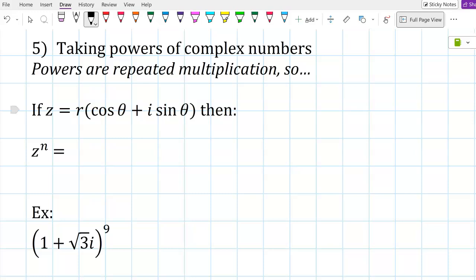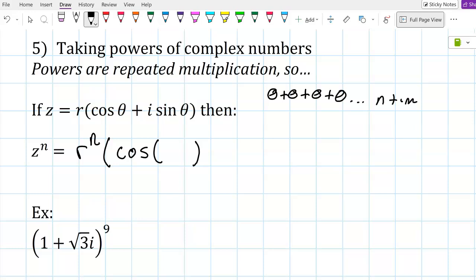If z is r times cosine theta plus i sine theta, then z to some nth power is going to cause you to take the nth power of that radius, so r to the n, times the cosine of, and let's figure out what happens to the angle. When we do complex multiplication, we add the angles. So if we were to do theta plus theta plus theta plus theta, n times, all we would have is n theta.